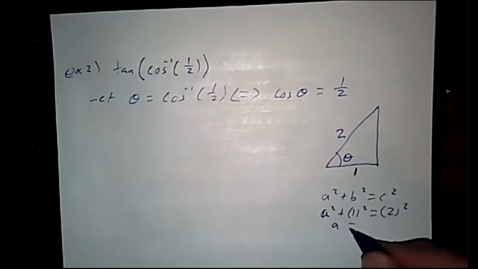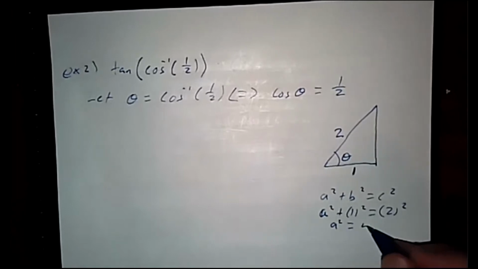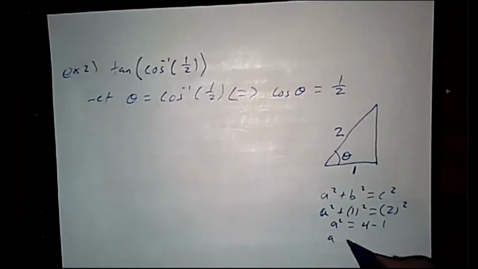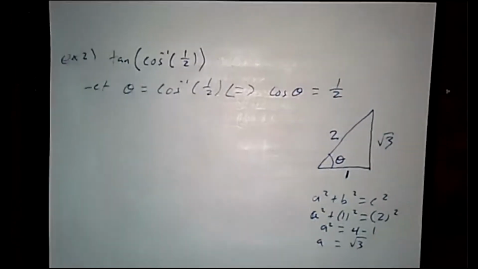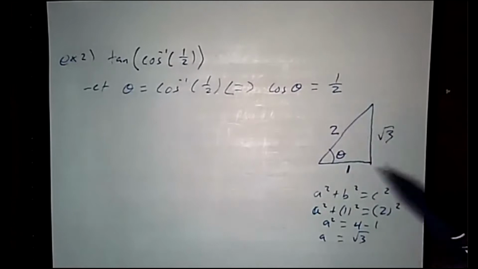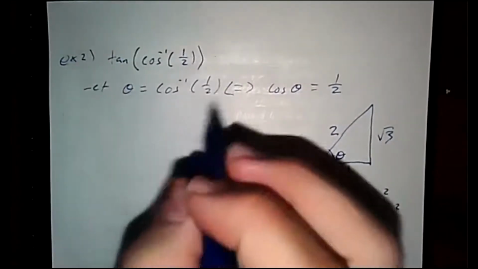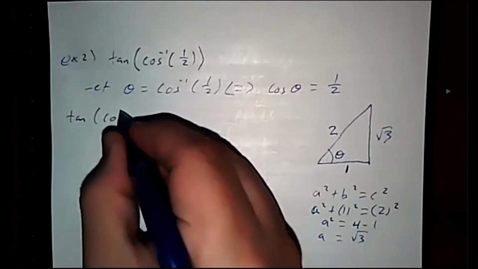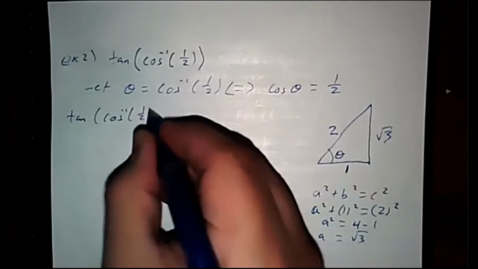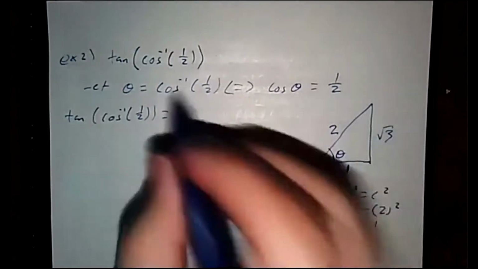So a squared would be equal to 4 minus 1, so a is square root 3. Okay, so now we have all 3 sides. So what is tangent, right? Tangent of cosine inverse of 1/2 is equal to opposite over adjacent.